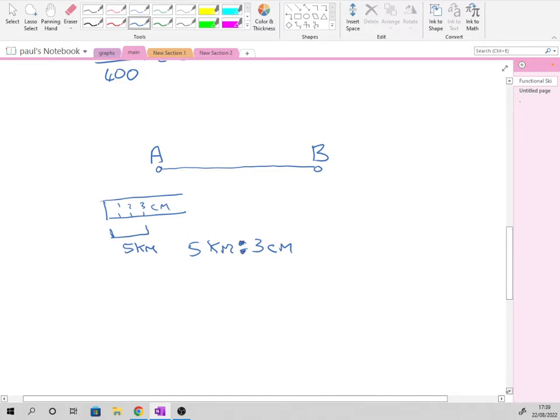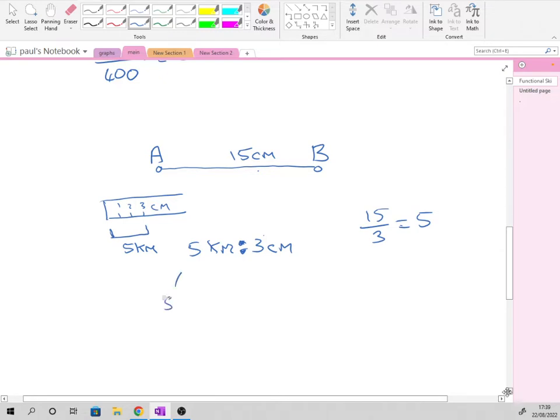Now, all you would do then is measure how long that would be, 3, 6, 9, 12, 15. And so you measured that at 15 centimeters. Now, you take these two numbers here and go 15 divided by 3 is 5. So this is now 5 lots of 3 centimeters.